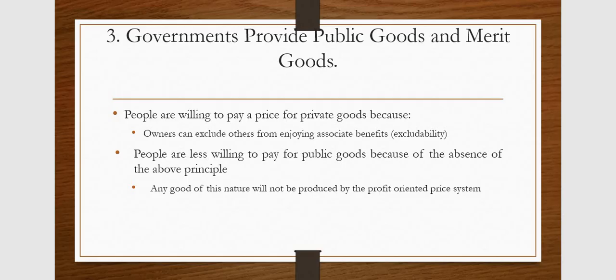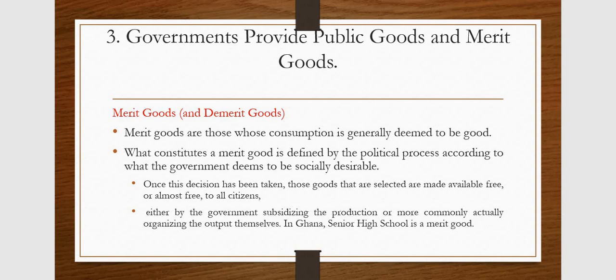And let's see the reason why I'm saying that. So we are saying when it comes to merit goods, it is according to what the government deems to be socially desirable, right? So once this decision has been taken, these goods that are selected are made available free or almost free to all the citizens, right?